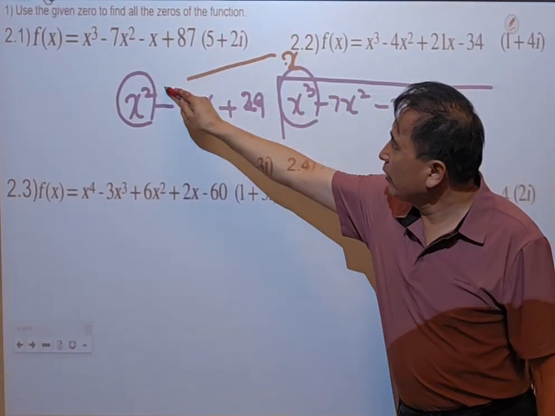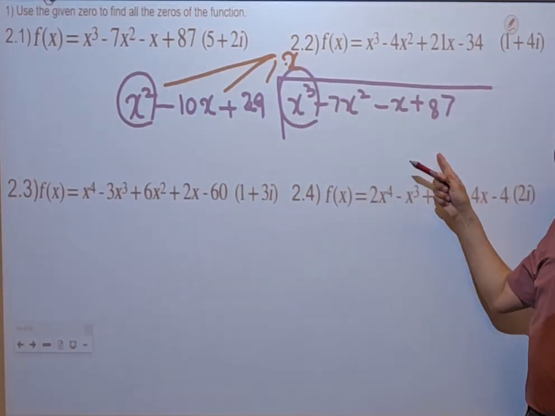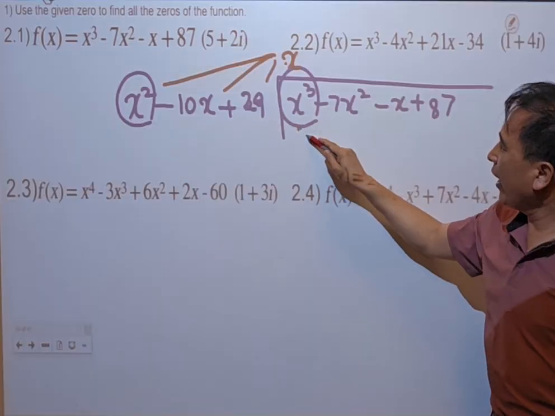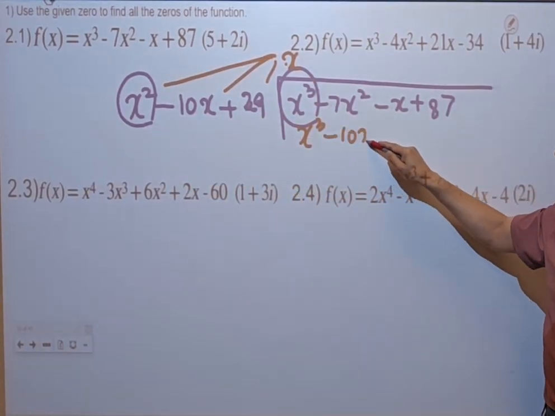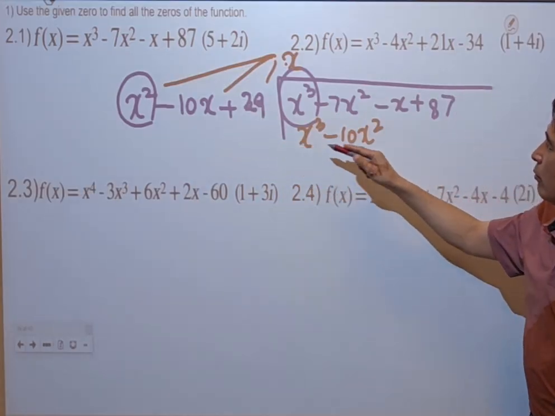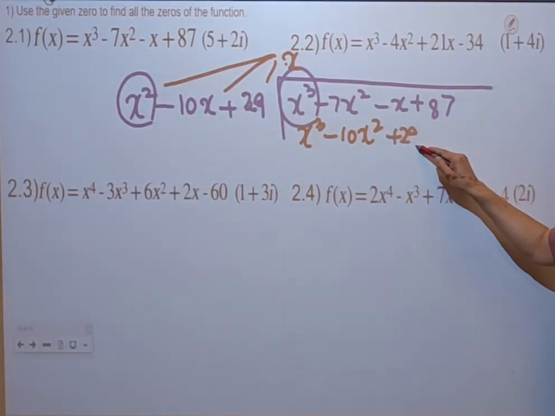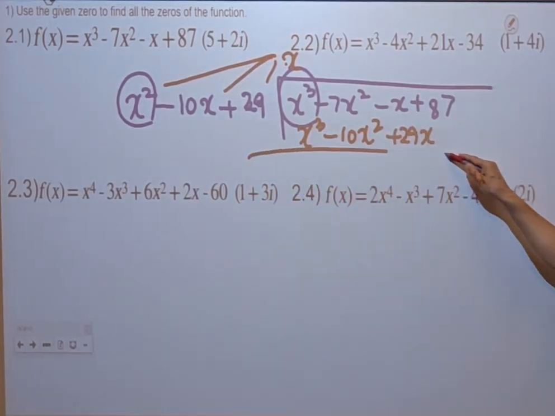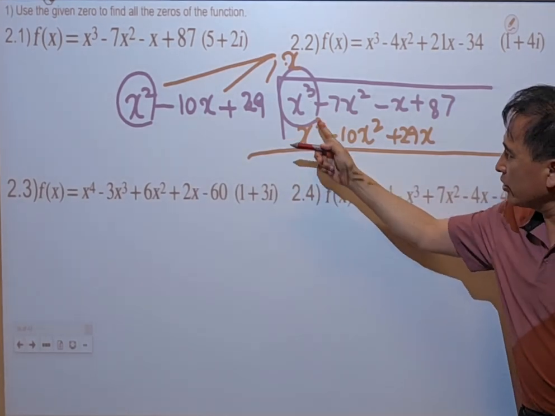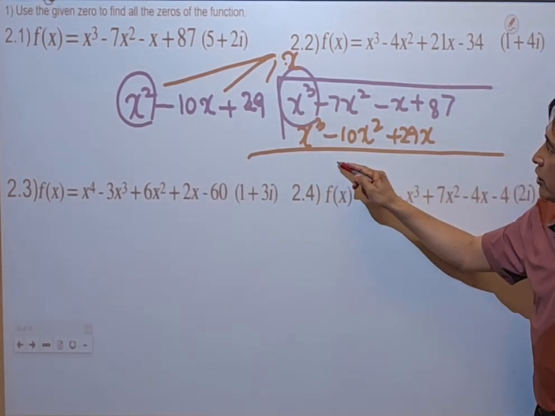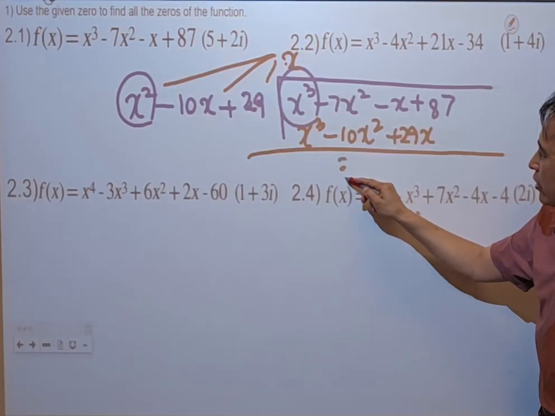Now you multiply all three and write it underneath. So minus x cubed minus 10x squared, and then plus 29x, right? So you need to subtract. Subtract means you change the sign, so this cancels out. This is plus 3x squared.